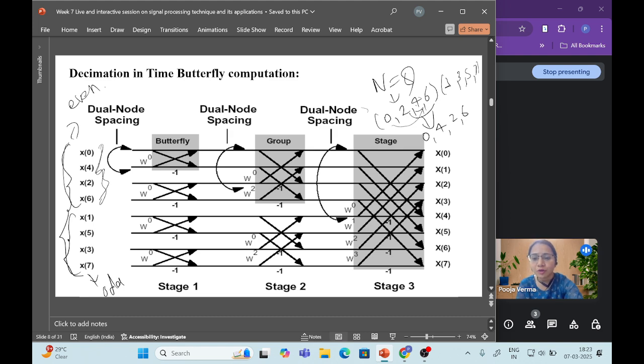So what we are doing in the butterfly diagram: these are phase factors, and the phase factor is multiplied by the lower part of whatever butterfly we are making.